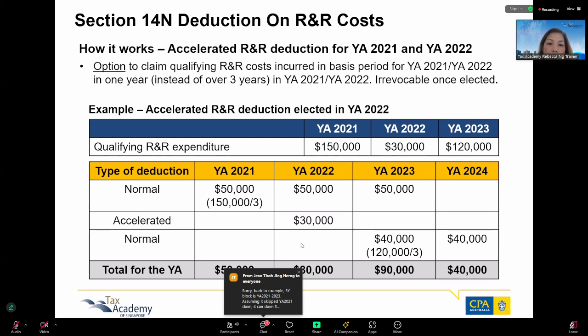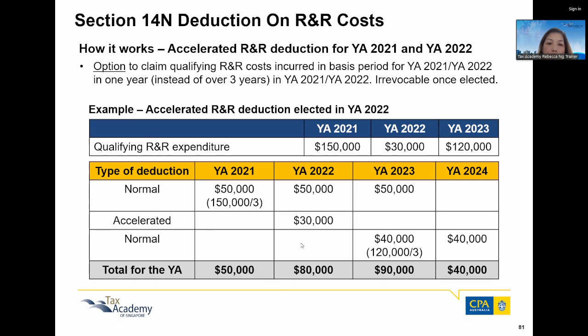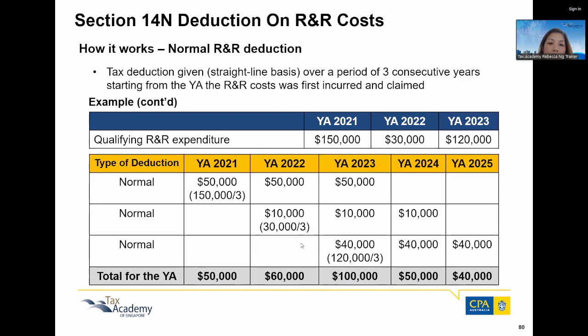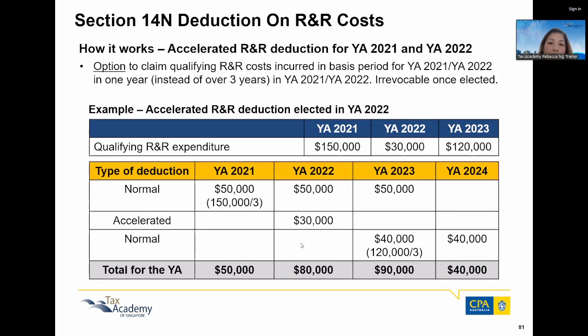So the 30,000 will be claimed in full in YA 2022. It will not be apportioned over 3 years, unlike the earlier slides where we have 30,000 claimed over 3 years.